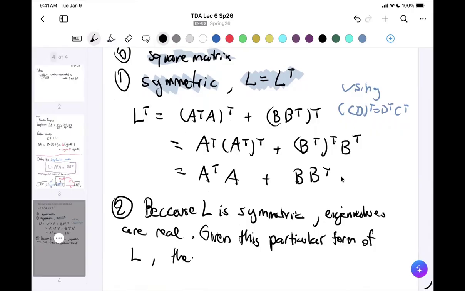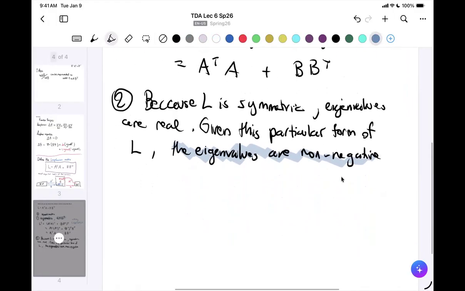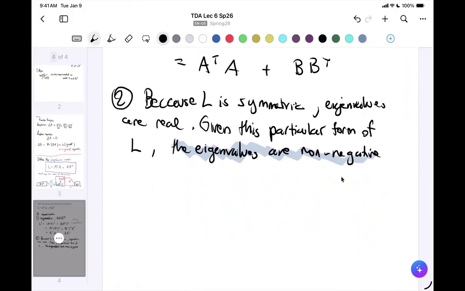The eigenvalues are non-negative. Okay. That's an important property to have, because, for example, once you have non-negative eigenvalues, you can just take their square root, and they're real numbers, and you don't have to worry about complex numbers at all. So the proof that they are non-negative is a nice exercise.